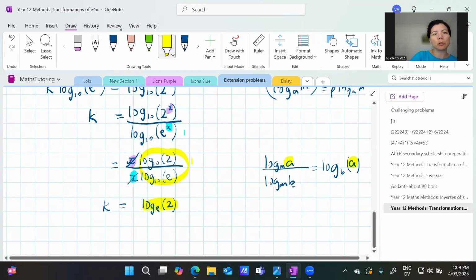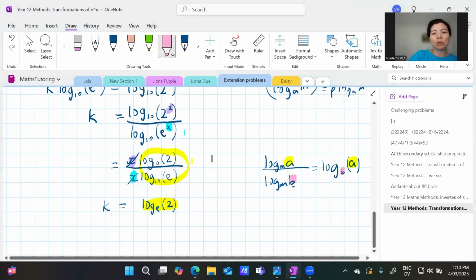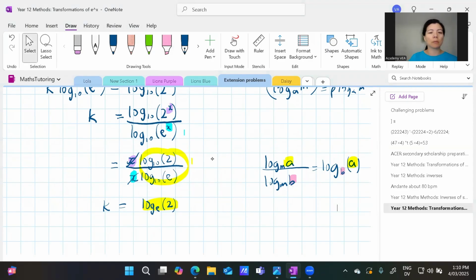That's how I remember it, just by location.